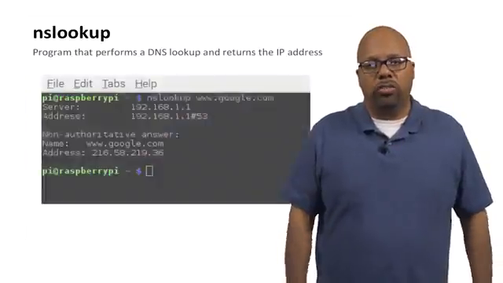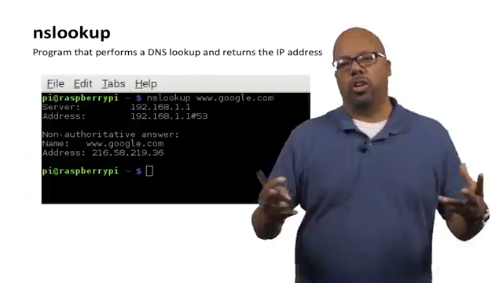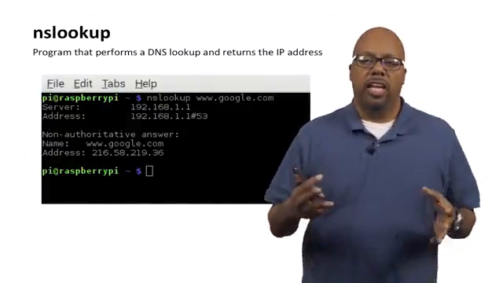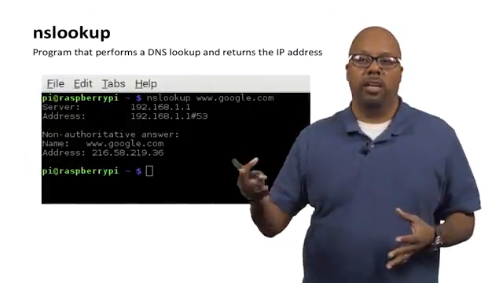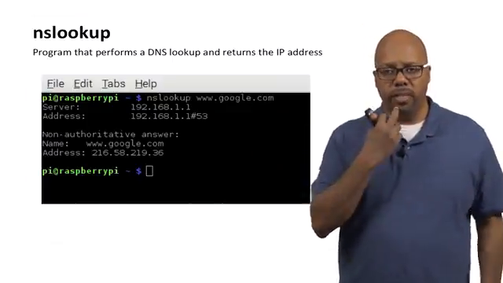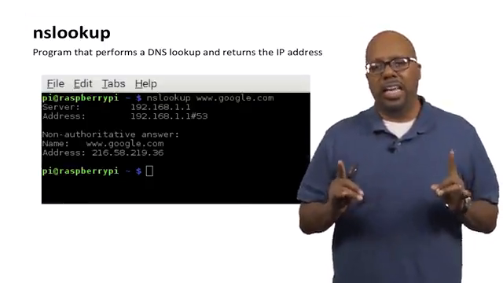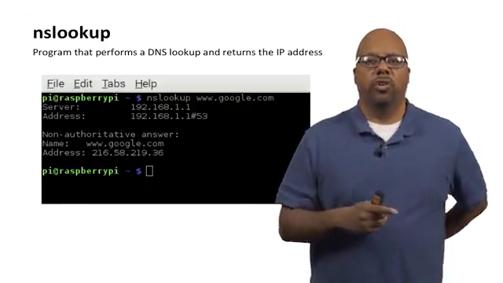But you can do it manually on a Linux box just to see how it works. You can use what's called NSLookup. If you go to your Raspberry Pi or any Linux box, and you type NSLookup and give a domain name, like here, NSLookup www.google.com, we see some data. First, you see server and address. What that's telling you is where the DNS server is.